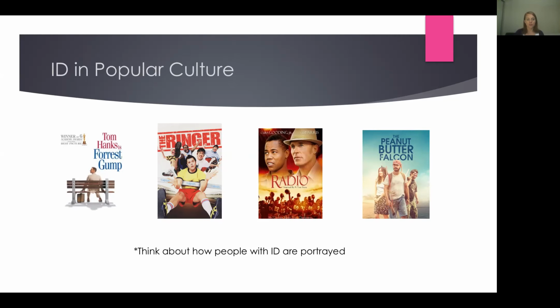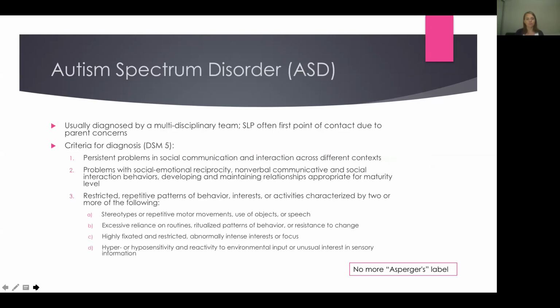So that was quite huge compared to, you know, Tom Hanks playing Forrest Gump, where his intellectual issues are really sort of fodder for comedy more than anything else. So things are changing, which is good.